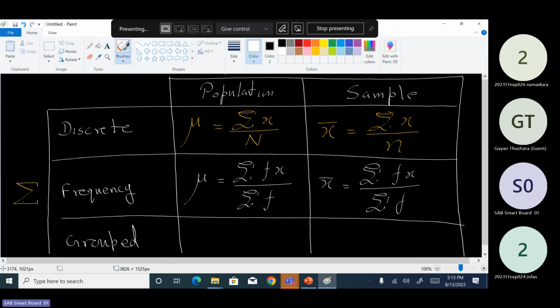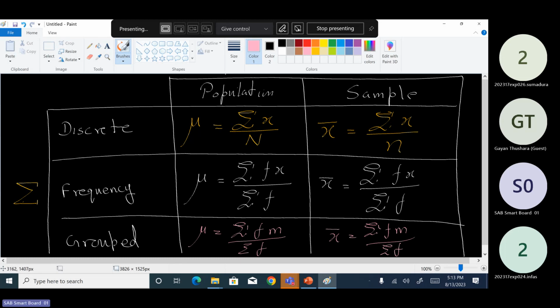So finally, population group: mu equals sigma fm over sigma f. And sample group: x bar equals sigma fm over sigma f.